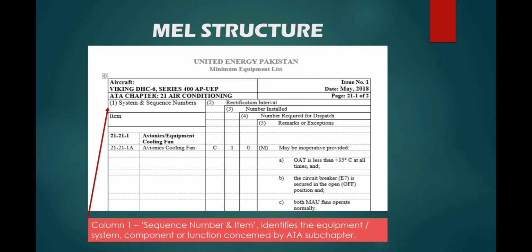And you can see there is another item as well, which is a sub item of the avionics equipment cooling fan, that is item number 21-1-A, the avionics cooling fan. So here if you find anything regarding the avionics cooling fan, this is your page, you have to go into that. Now let's go to the other column, that is column number 2.